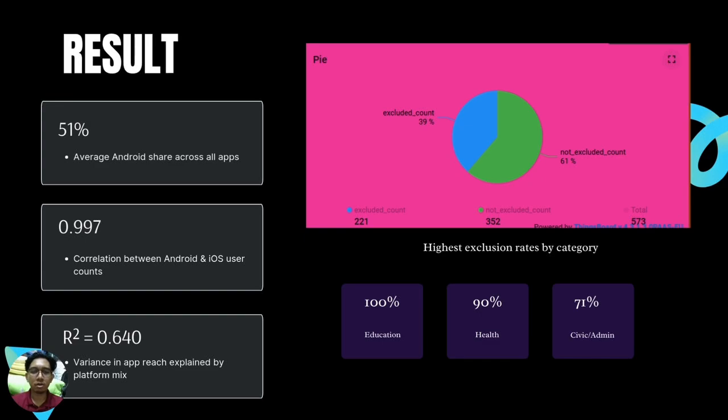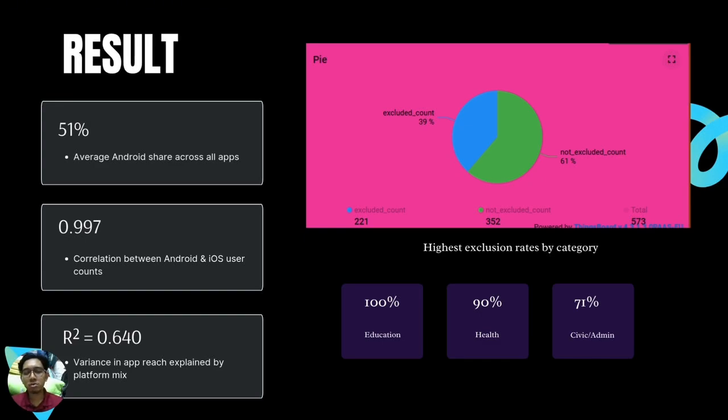Now, for what we actually found: on average, Android holds 51% of user share across all 473 apps, by far the dominant platform. Android and iOS user counts are very strongly correlated at 0.997, which tells us that an app's overall popularity, not platform-specific factors, mainly drives its adoption on each platform.